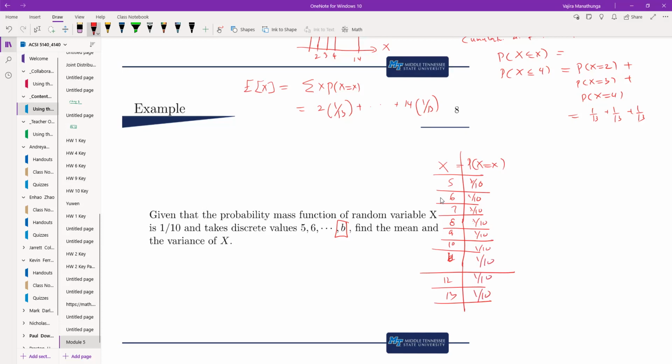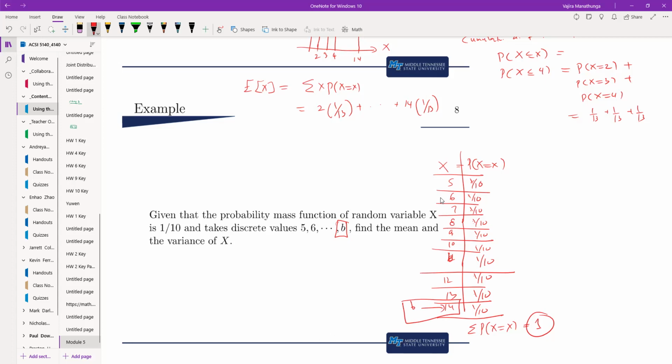So total probability is what by this point? 1, 2, 3, 4, 5, 6, 7, 8, 9. So if you add here the total probability x equal x, that's going to be 1. So that means you cannot add more values. So b should be 14. Okay. So that's how you can get the b.